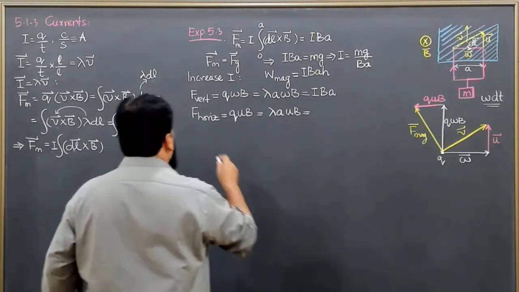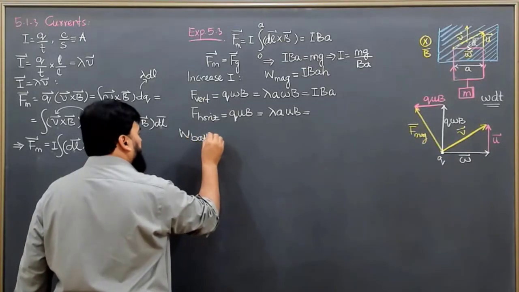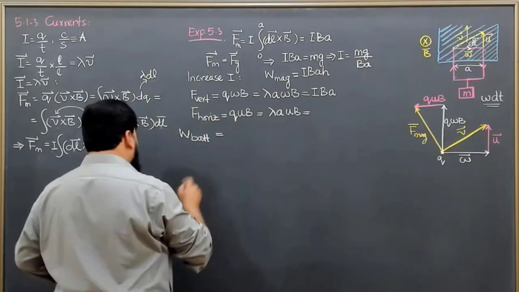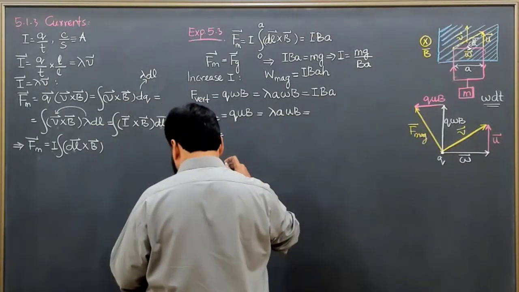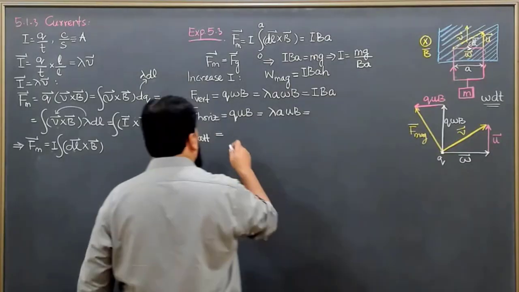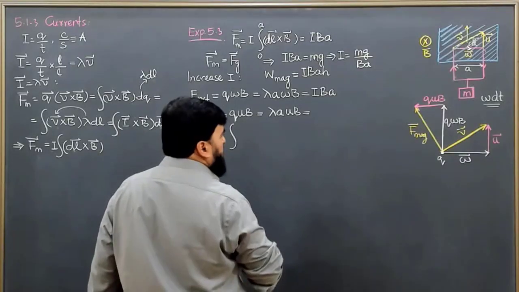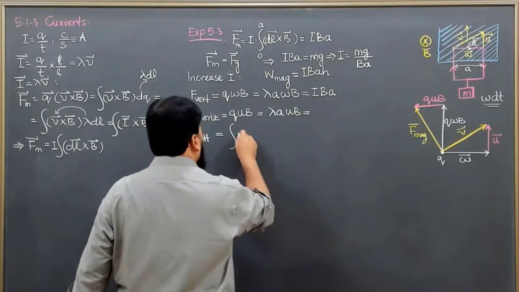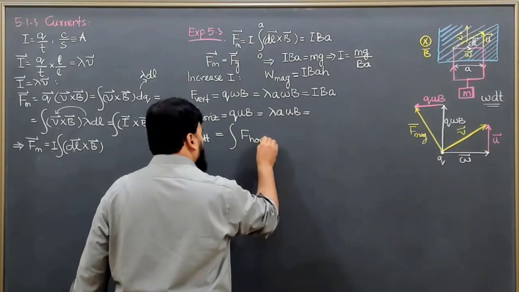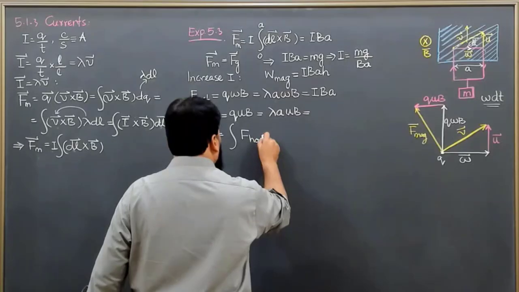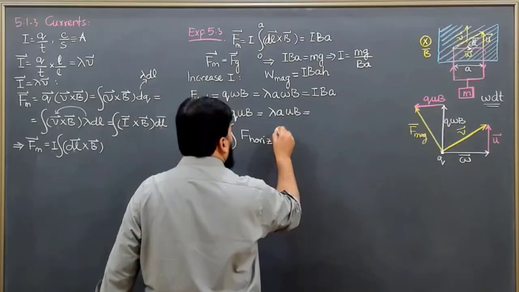So I can write that the work done by a battery is equal to lambda times the force, which force? The horizontal force, because it is moving in a horizontal direction, and then the distance that it will move.